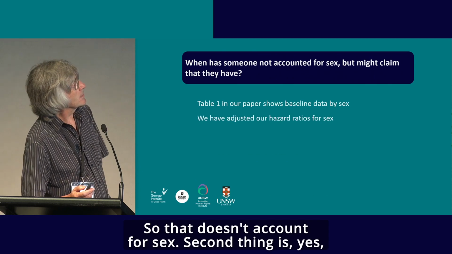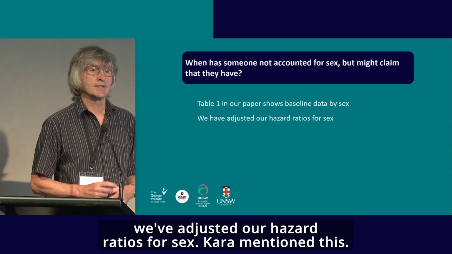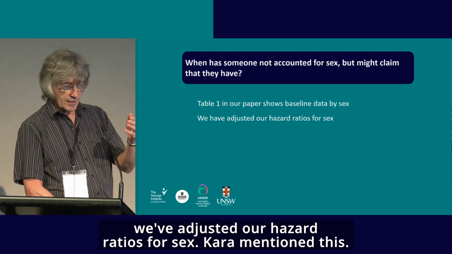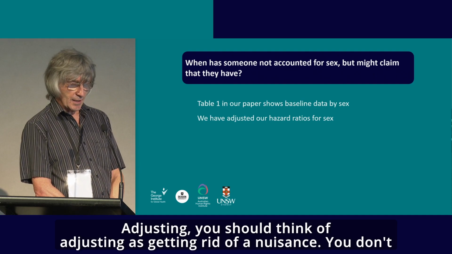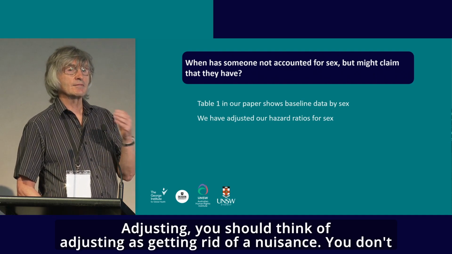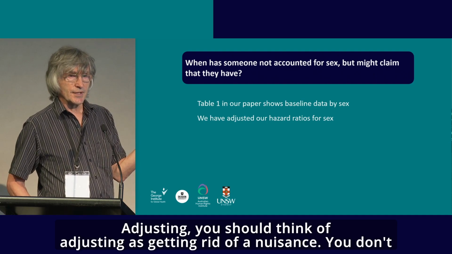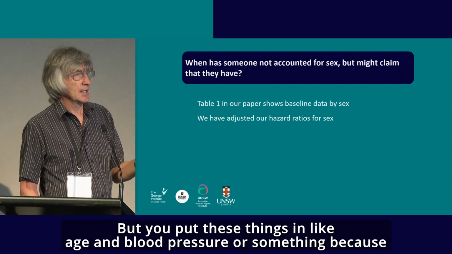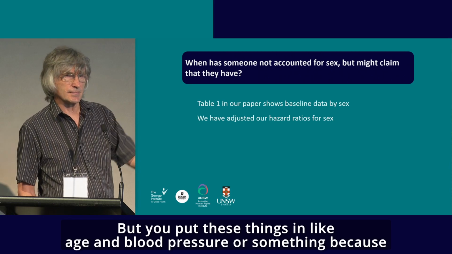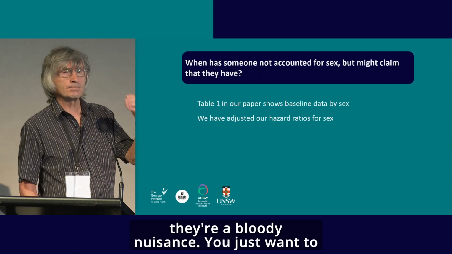Second thing is, yes, we've adjusted our hazard ratios for sex. Cara mentioned this. Adjusting, you should think of adjusting as getting rid of a nuisance. You don't really want to do adjustments, you'd rather have a pure comparison. But you put these things in like age and blood pressure or something because they're a bloody nuisance.